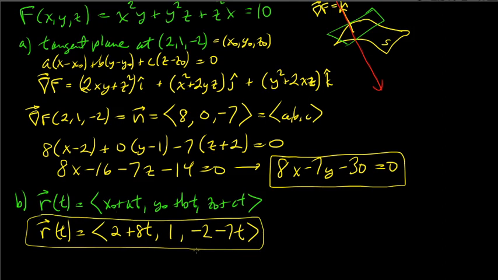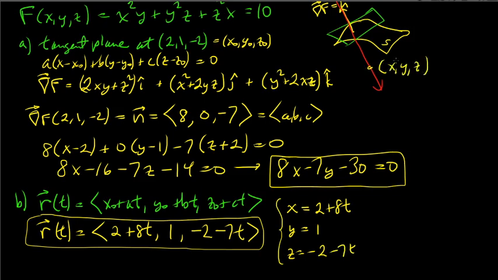Or before we knew about vector-valued functions, back in chapter 11, you would probably write them this way. But I hope you see that it's essentially the same thing. Whether you write them as x, y, and z separately as the coordinates of a point on the line, or the vector whose components start at the origin and end at the point on the line. So either way, it's the same thing, right?